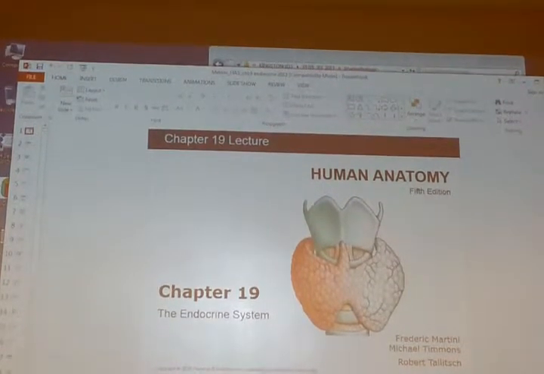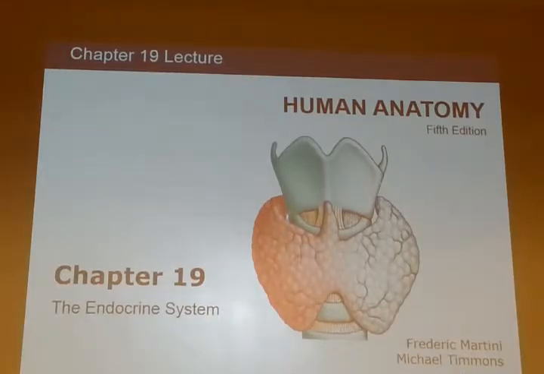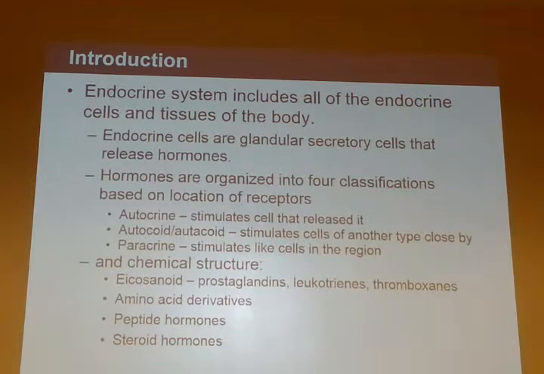Okay, so Martini 19 is endocrine system. So the endocrine system's job is to save the nervous system a lot of work, a lot of ATP, and save your body's metabolism from having to just continually shove food in, burn calories to make the energy to run your nervous system.